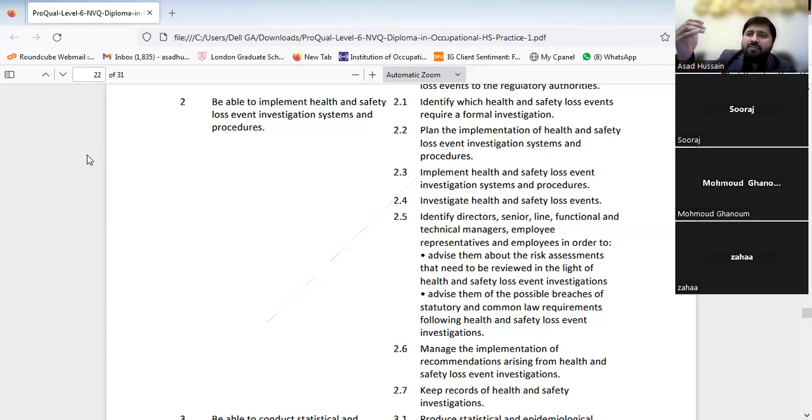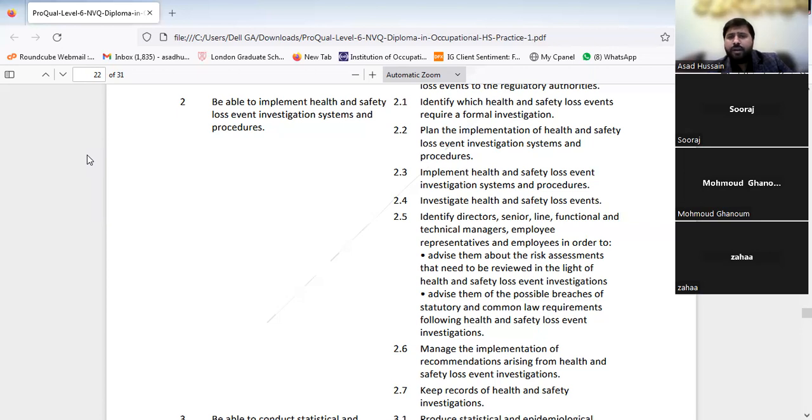The evidences in 2.2 can be used here in 2.3: training sessions, meeting minutes, TBTs, and if you have a written strategy for implementation, you can use that.